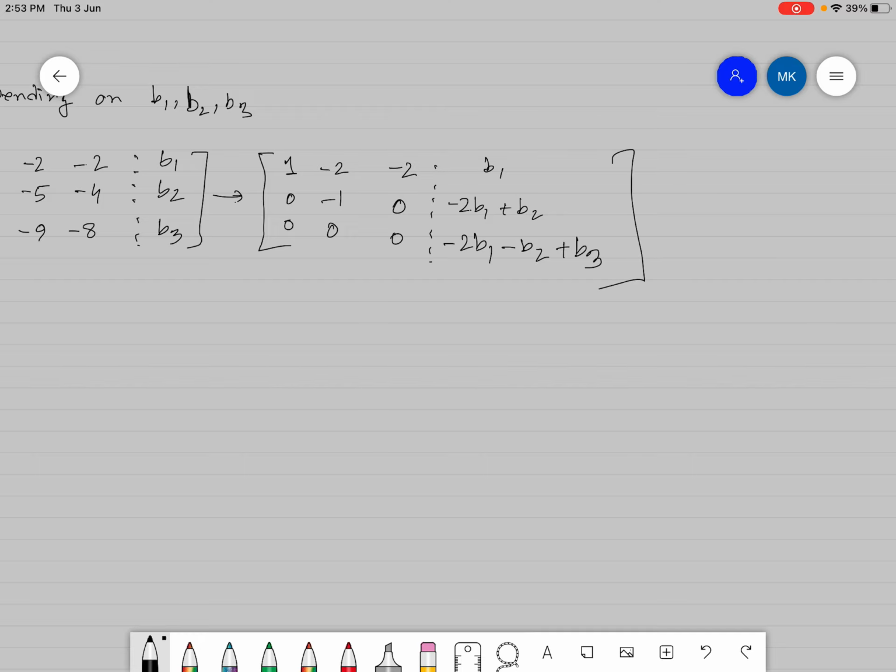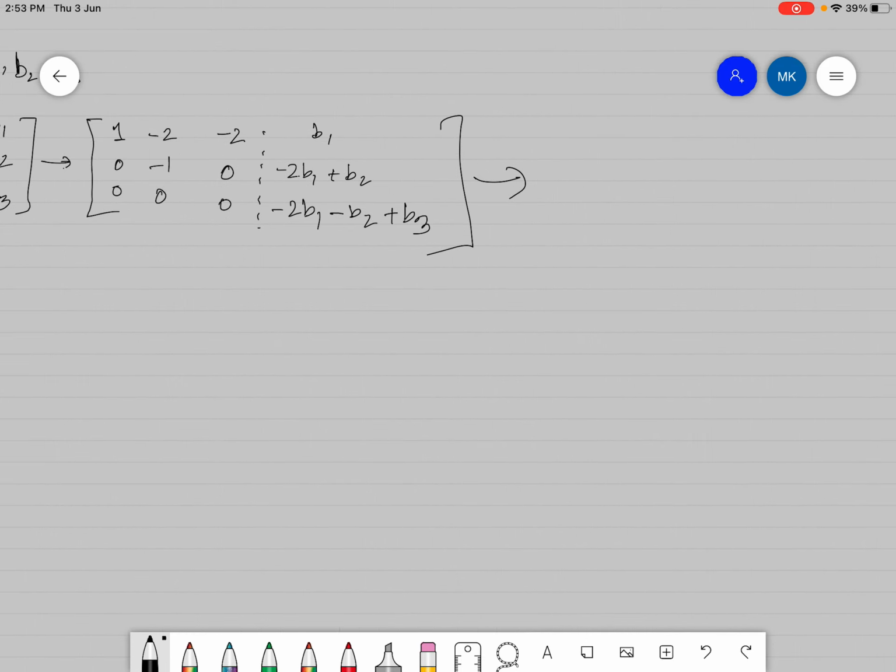Okay. Now after that you will get that matrix. It will be basically 1. So this is the upper triangular matrix here, and this is 1 0 0, 0 1 0, negative 2 0 0.